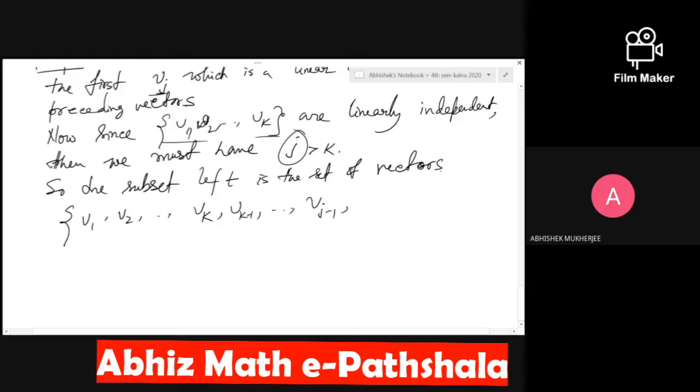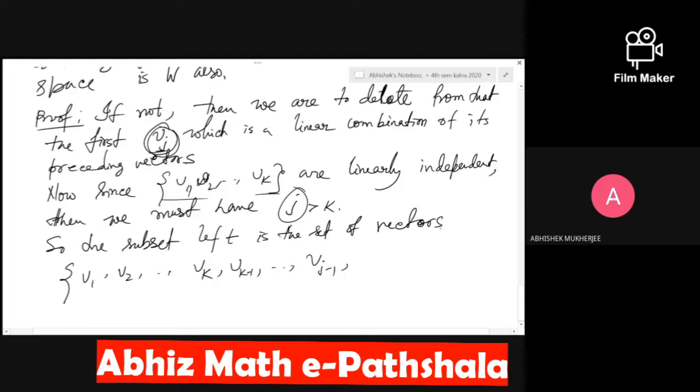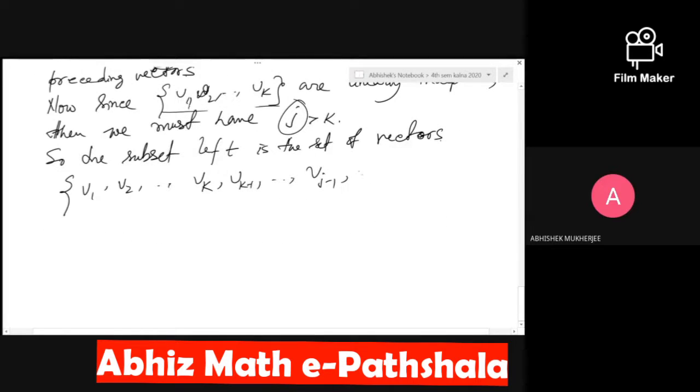And since we have deleted the vector Vj from the set V1, V2, ..., Vn, after deletion of Vj the vectors left are V1, ..., Vj minus 1, Vj plus 1, and so on, Vn, which has n minus 1 elements.